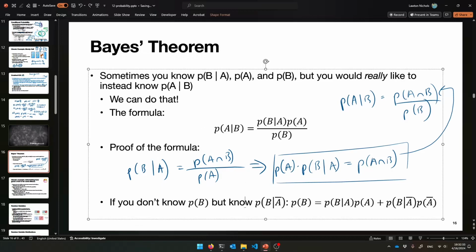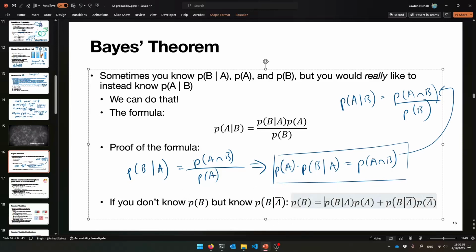Technically, you need these three things or something similar. Maybe if you don't know the probability of B, which you'd normally want to divide by, you can get away by knowing the probability of B given A complement, A not occurring. So that's one way to switch things around.